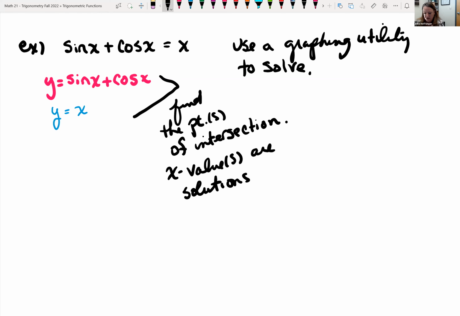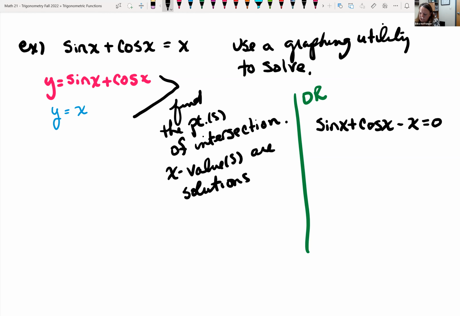The other way that we could do this is we could set this equal to 0 and solve for our intercepts. So the other way, setting this equal to 0, we would look at sine x plus cosine x minus x equals 0.